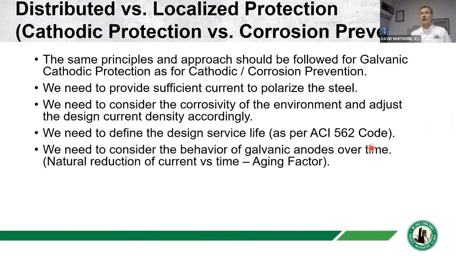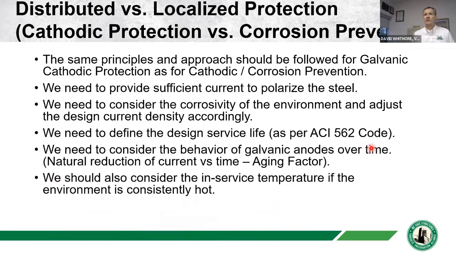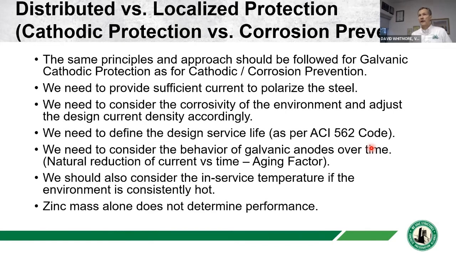We need to consider the behavior of the anodes over time, because we need to consider the performance at the design service life, not just at the initial time of installation. And we need to also consider the in-service temperature, particularly if you're putting these in a place that's consistently hot and humid and salty. That's even worse. And zinc mass alone does not determine performance.